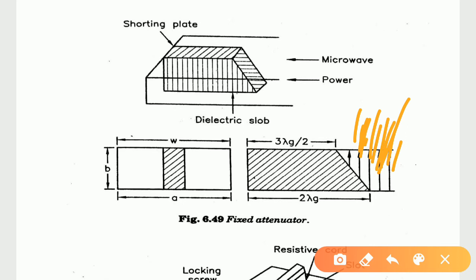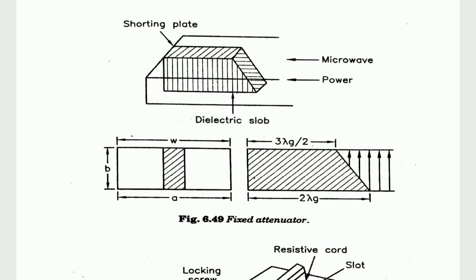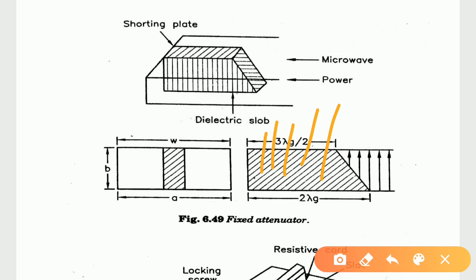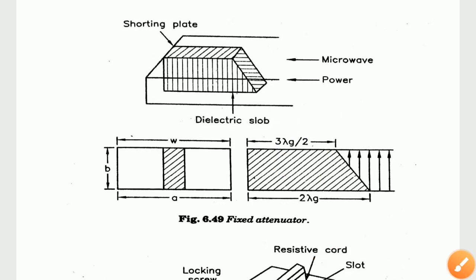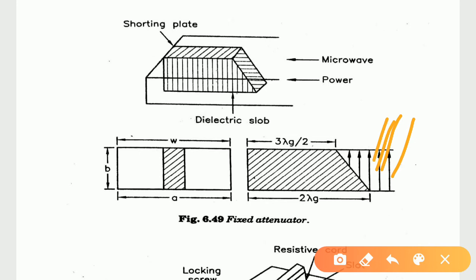There will be no attenuation for this signal, but there will be complete attenuation for the signal which is trying to pass through this side. So this is a type of fixed attenuator. Please remember, this is a basic simple diagram of the fixed attenuator. And please don't forget to show these signals which can pass through this attenuator, and this dotted dark line, which is the attenuation provided by this attenuator.